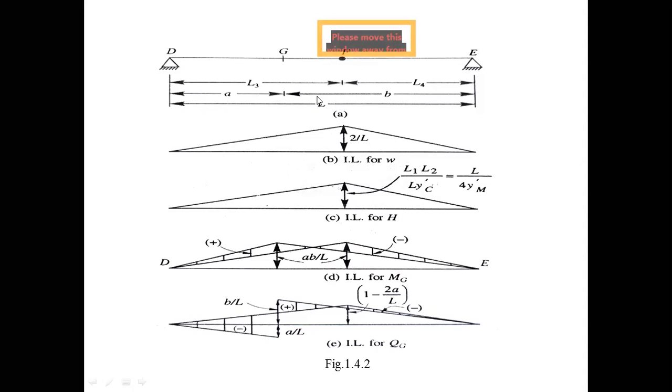Figure A is the given problem. Figure B is the influence line for the intensity of the uniformly distributed loading, figure C is the influence line for the horizontal reaction, figure D is the influence line for the bending moment at a particular section G, and similarly figure E is the shear force at the particular point G.